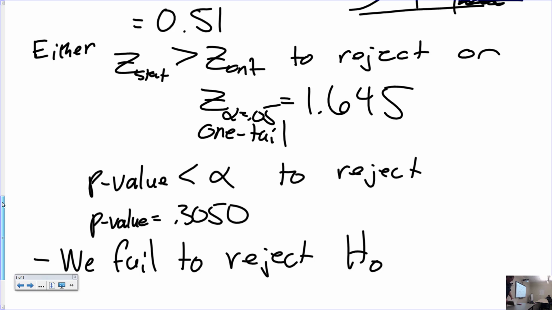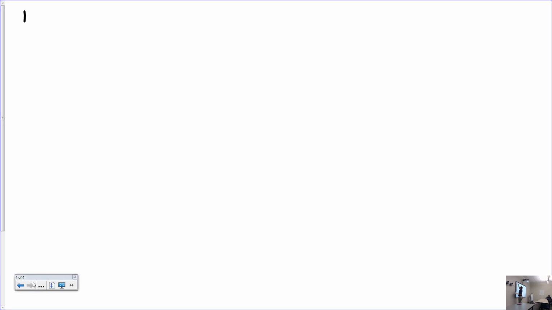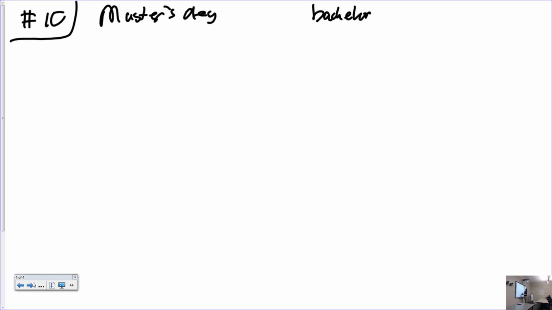All right, so let's do number 10. Talking about salaries and degrees, okay? All right, so master's degree versus bachelor's degree. All right, so let's just write the data down really fast.